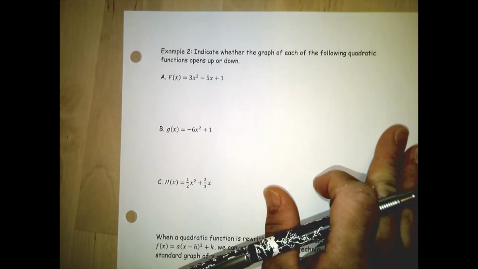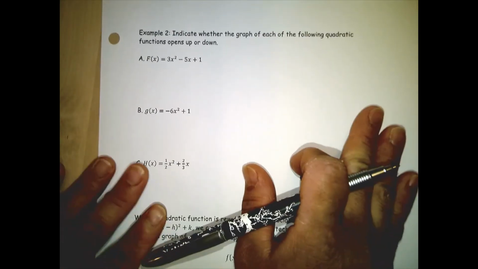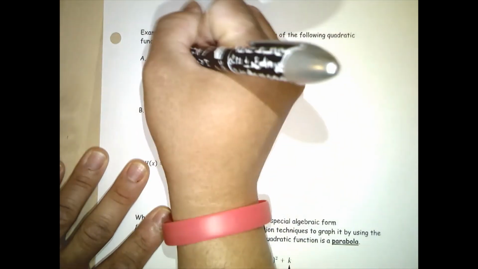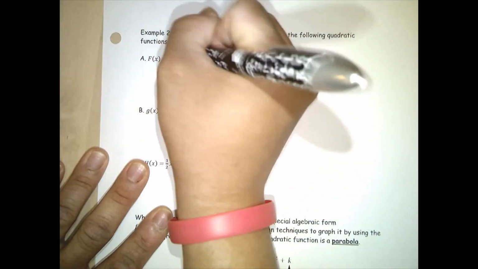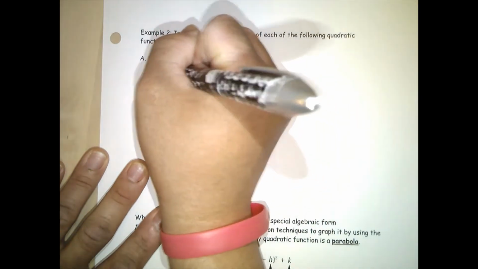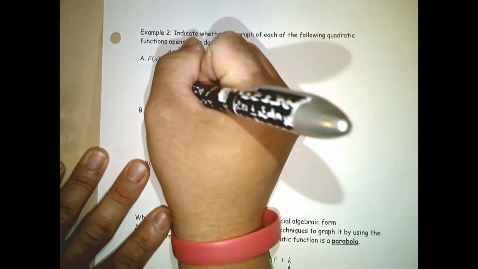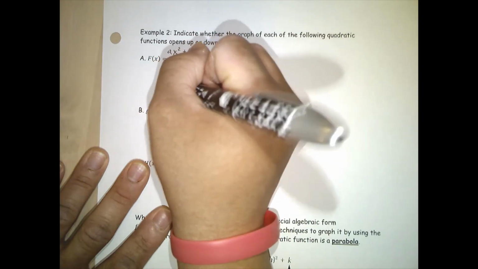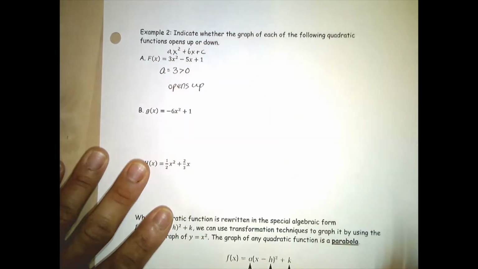Alright, so given this information, let's indicate whether the graph of each of the following quadratic functions opens up or down. So this f of x is in the form ax squared plus bx plus c, and a equals 3, which is greater than 0, so this opens up.